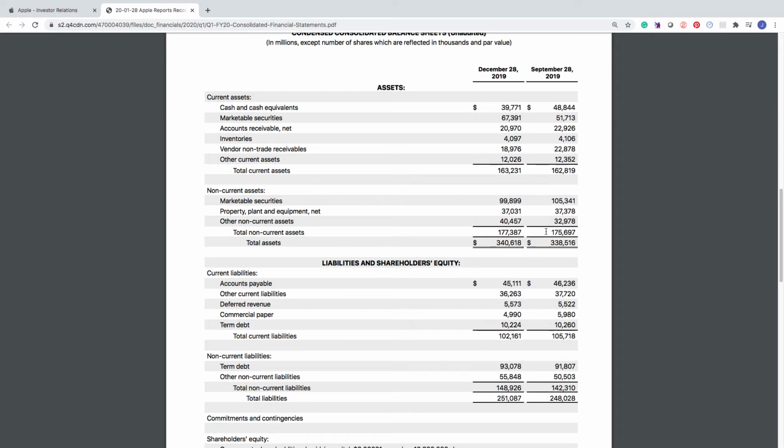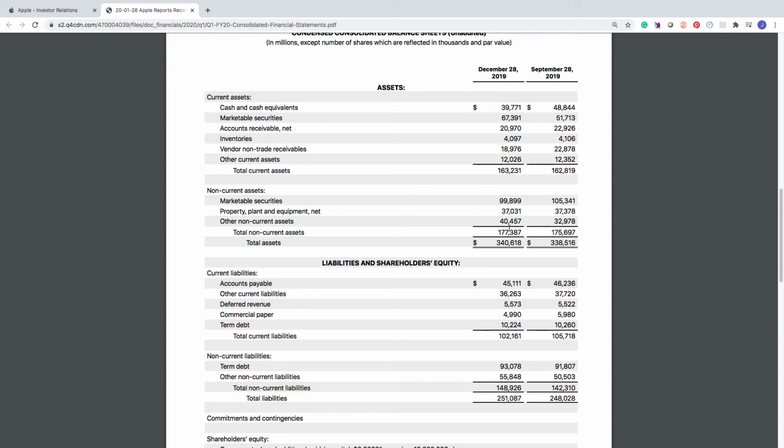The other key thing that you'll see, which is very interesting, and in this regard, Apple is unlike a lot of other companies, is the percentage of total assets that Apple has in cash and marketable securities. So if you sum up all the cash and marketable securities that Apple has, this is roughly almost $200 billion.